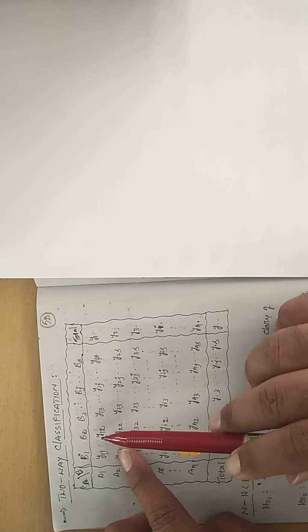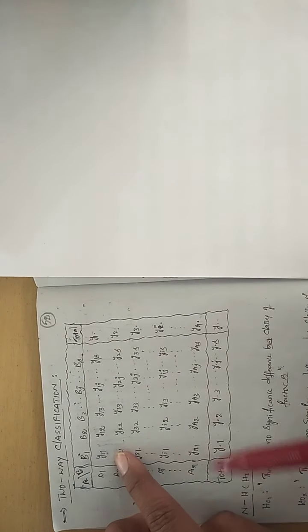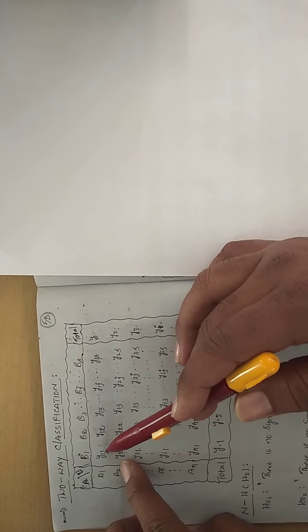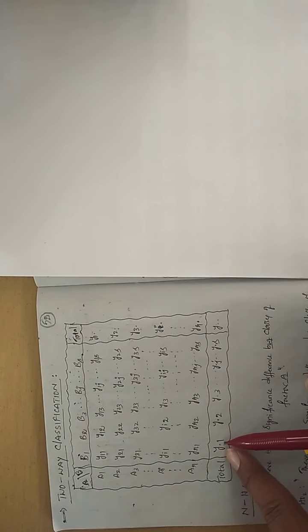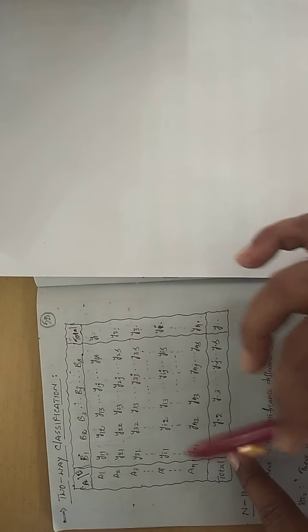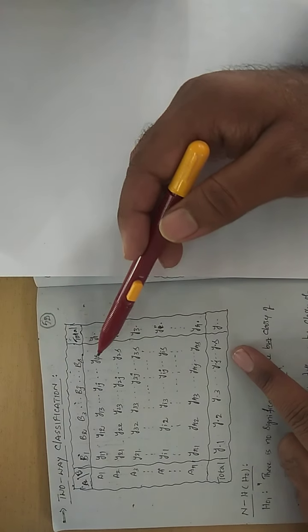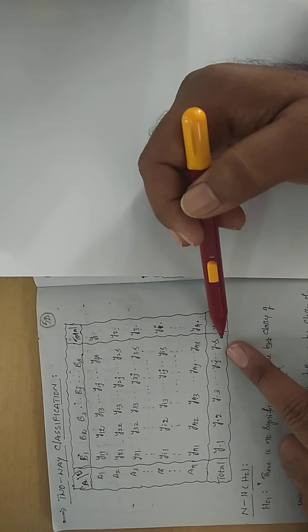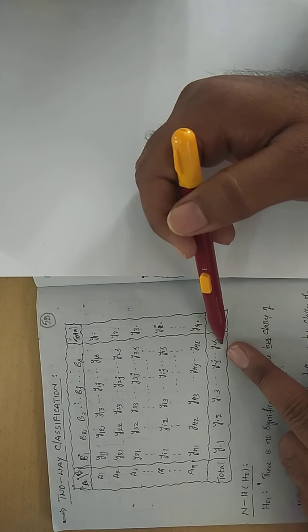So how do you read Y12? First row, second column element. Like that you need to read. Now the second element is common, hence I am writing that element as it is, but the first element has been changed, so putting a dot. Like that, come to the last column, the second element is common, the first element has been changing, putting a dot.